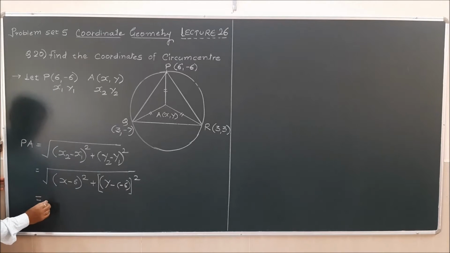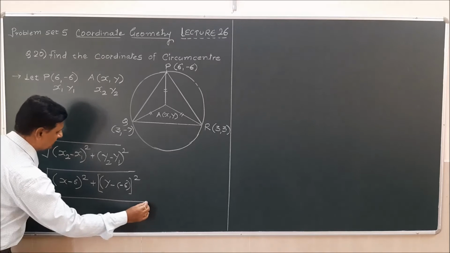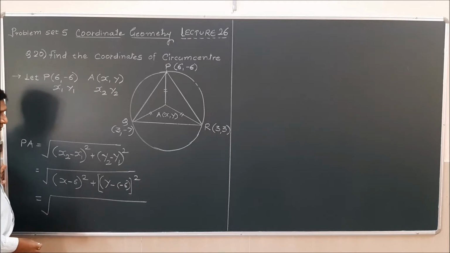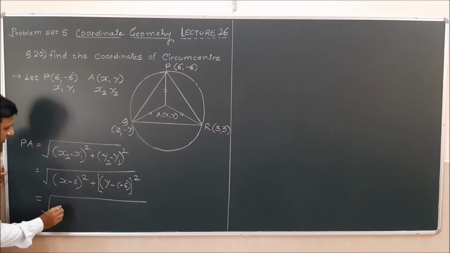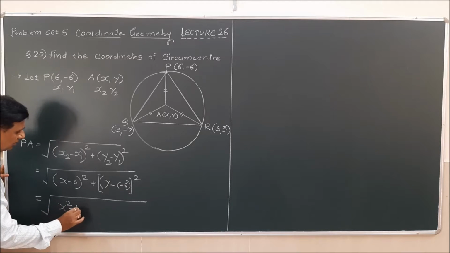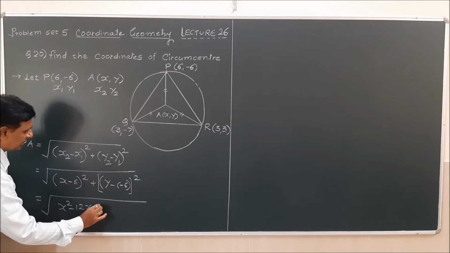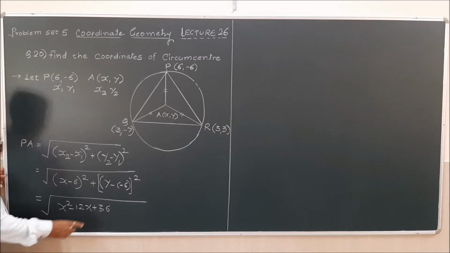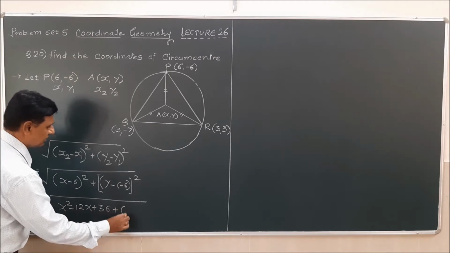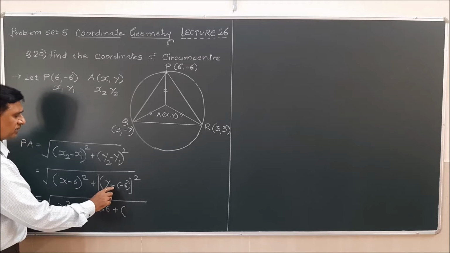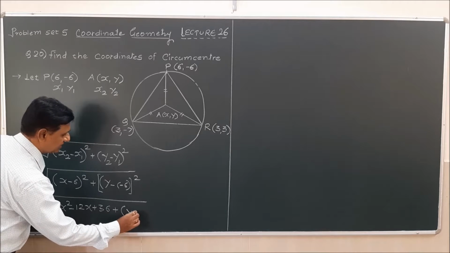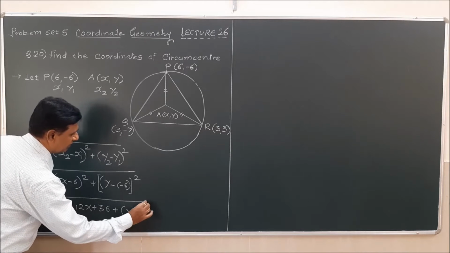I am going to expand (x minus 6) the whole square using the formula (a minus b) the whole square: x square minus 12x plus 36, a square minus 2ab plus b square. Here I will get plus, since the effect of the minus sign makes it plus, so (y plus 6) the whole square.